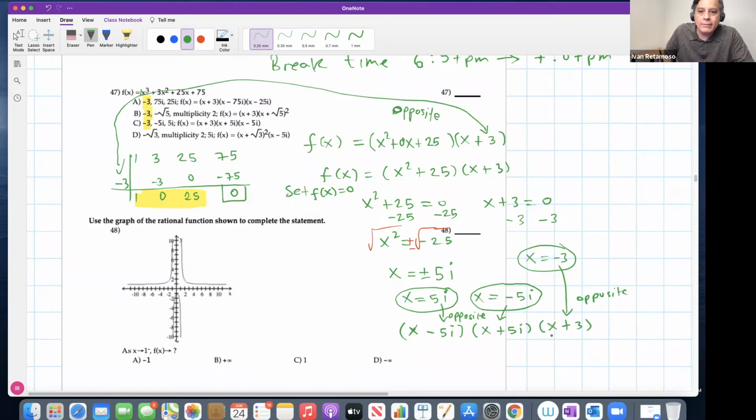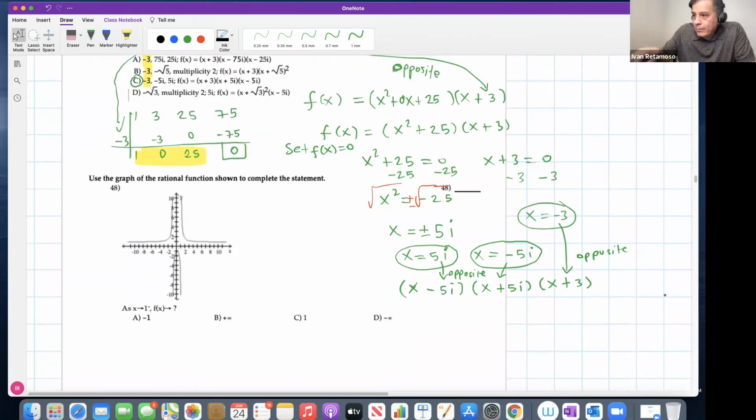And then we are done with the factorization. And also we know that these are the 3 zeros. So clearly the solution should be this guy, right? Look, zeros are -3, -5i, plus 5i, together with this full factorization, right? The 3 factors are there. Very good, guys.